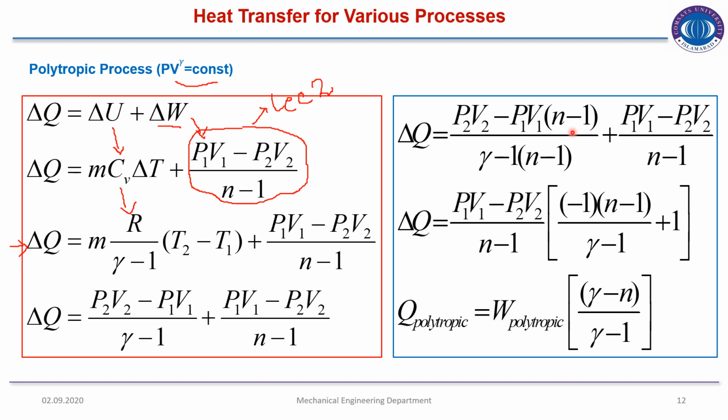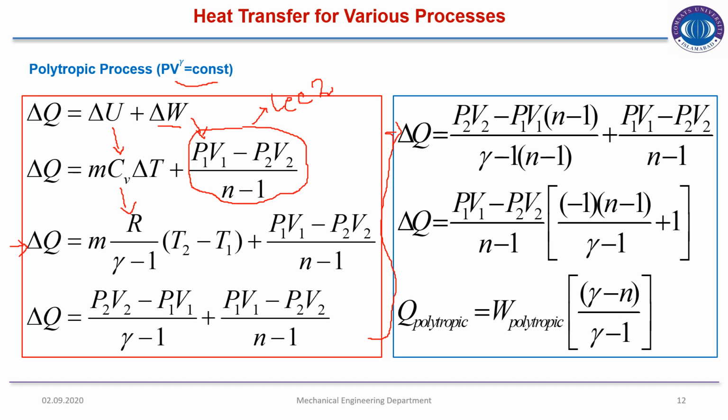I have changed the outline boundary to a different color so that students do not get confused. So the next step is here: P2V2 minus P1V1. Here we have multiplied and divided by n minus 1, plus the right hand side remains the same.